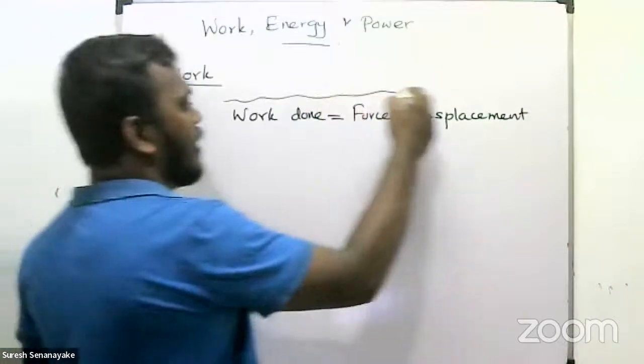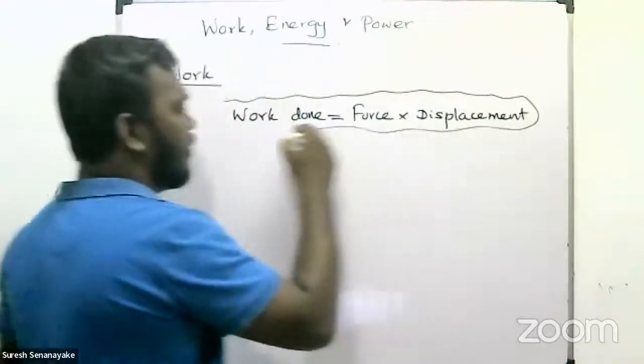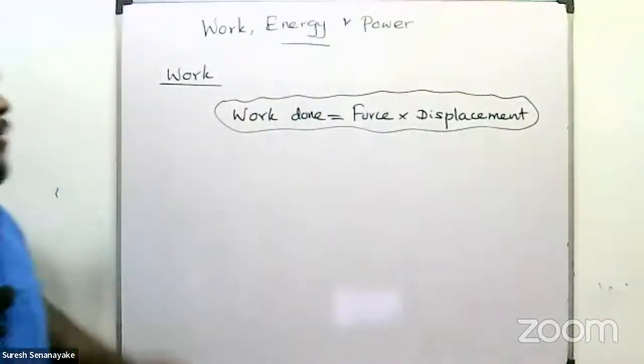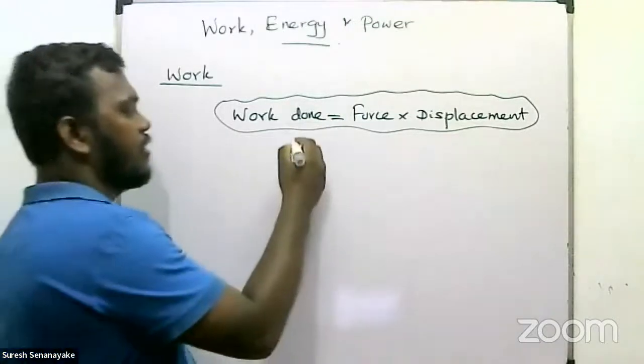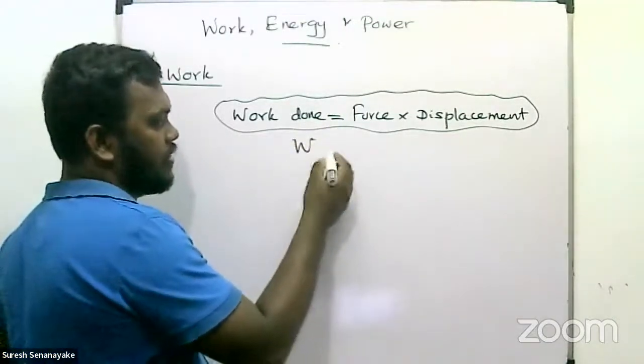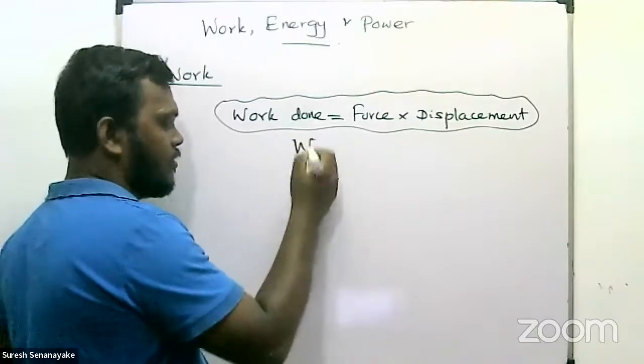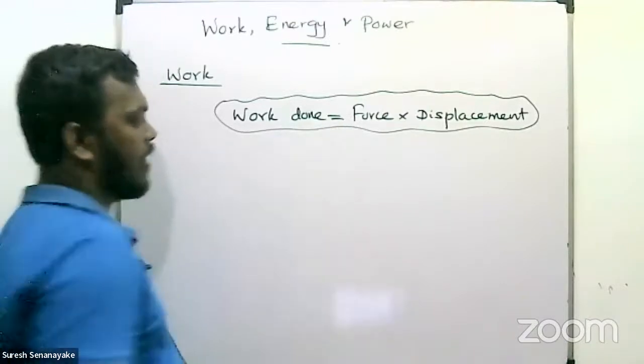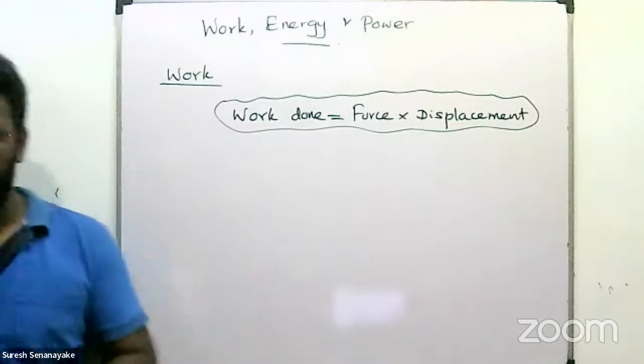In general we can write it like this, but you need to keep this in mind. That's W. Draw the figure and write that. First, you write this equation.